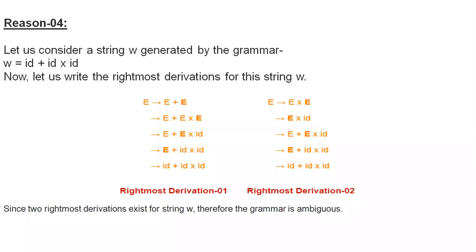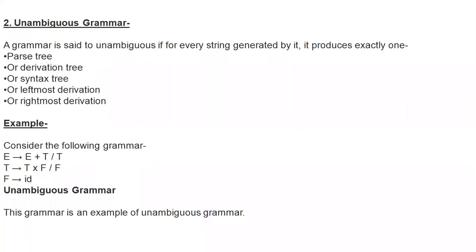And now we're seeing the other concept, that is an unambiguous grammar. Now we're converting the ambiguous into unambiguous. That means eliminating the ambiguity from the given grammar. E tends to E plus E, E tends to E star E, E tends to id. That is the given grammar. There we found the ambiguity. Now we are modifying the grammar. How are we modifying the grammar?